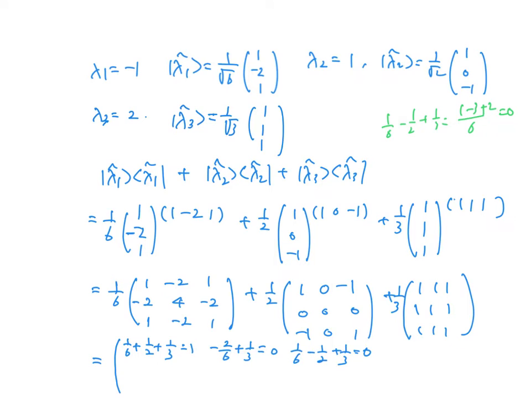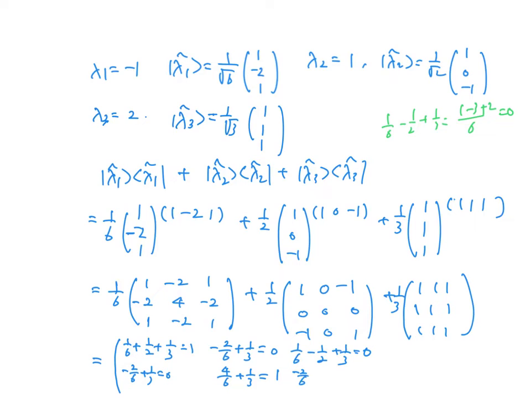In the second row, minus 2 over 6 plus 1 over 3 is 0, and 4 over 6 plus 1 over 3 is 1.